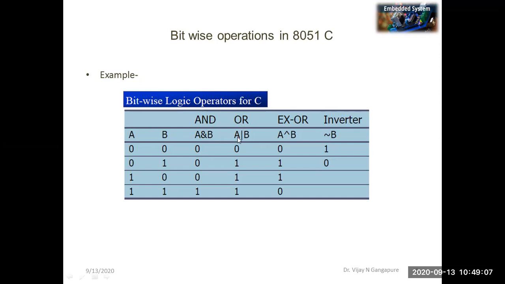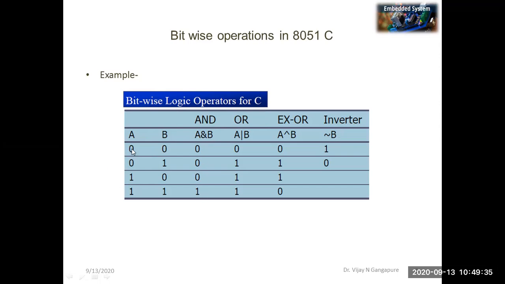Then A bar B means bitwise OR operator, under which the result is given. A caret B means bitwise XOR operator, and tilde B means bitwise inversion operator. So if A and B are single bits, and between these bits I do bitwise AND, OR, XOR and inverter operations, what will the results be in this table?